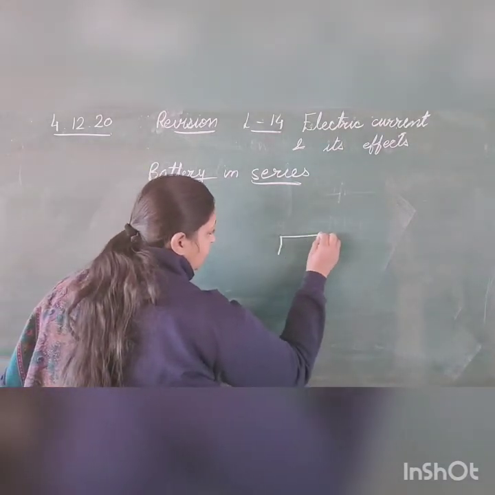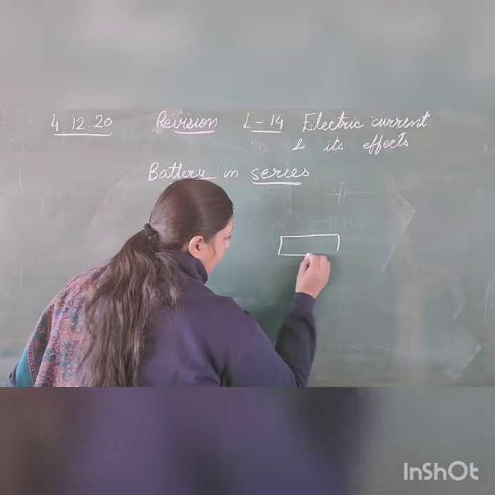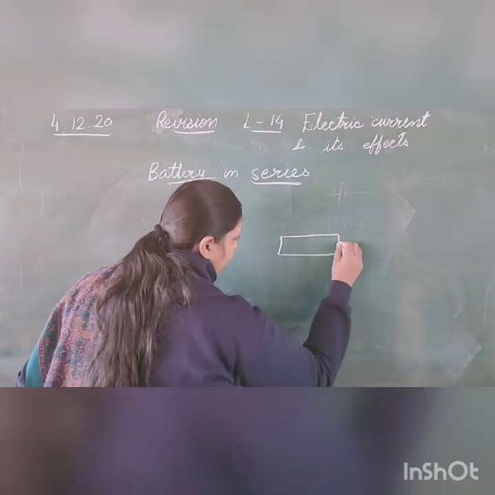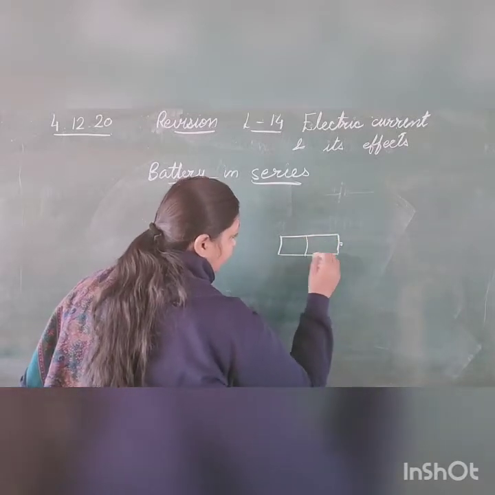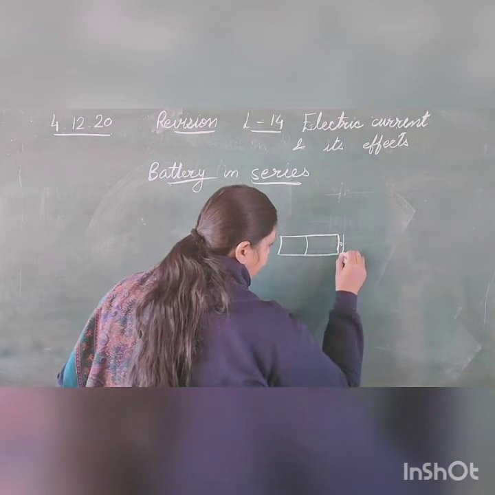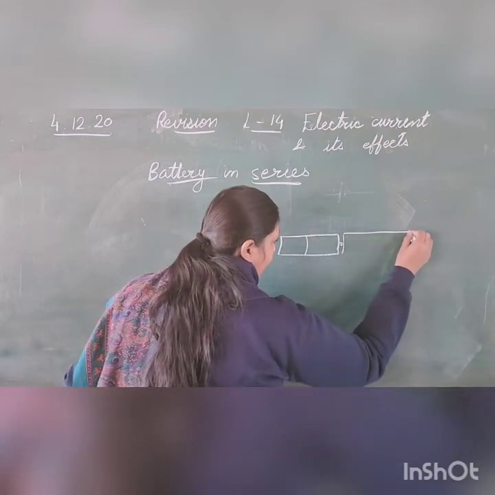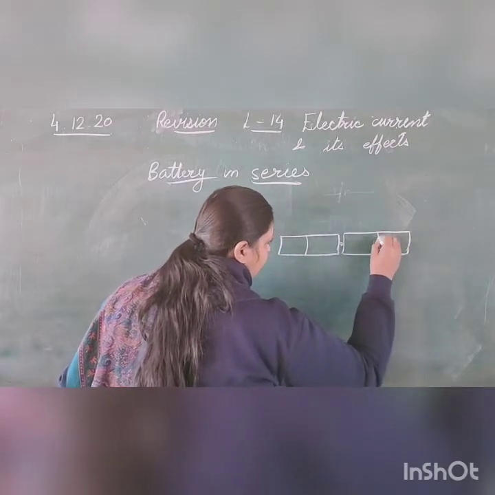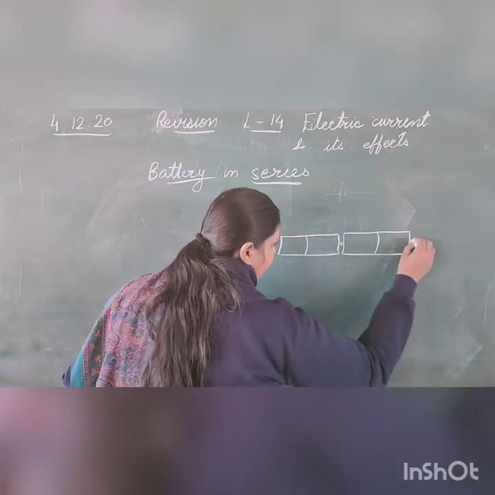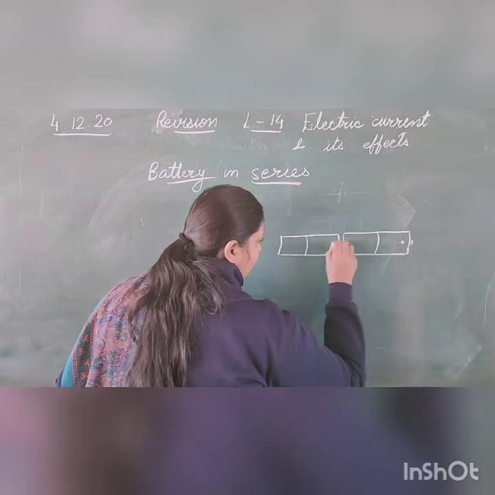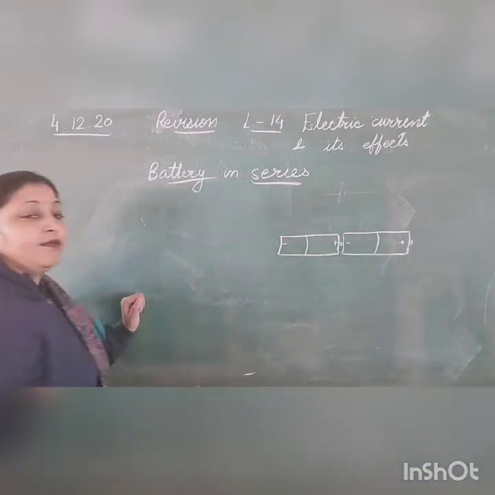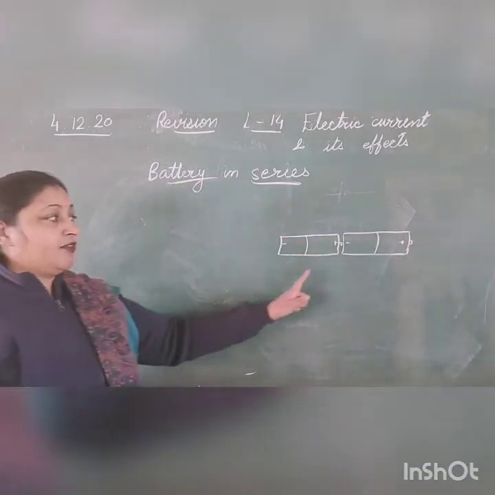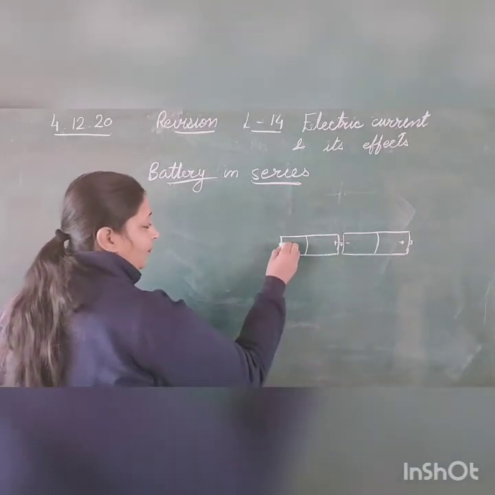Suppose this is a cell, and this is the positive of one. It is connected with the negative of another. In this way, I have connected a battery: positive, negative, positive, negative.